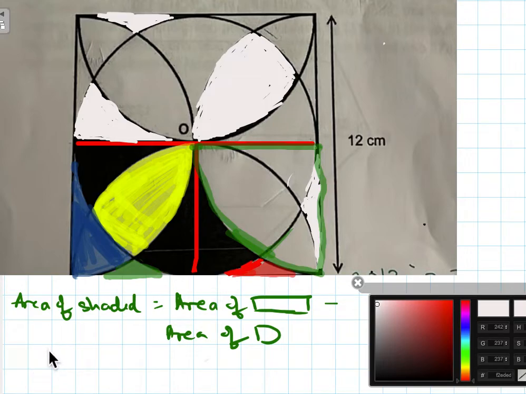Or alternatively, area of rectangle, this is 12, so okay, never mind. So I have 12 times 6, in brackets, minus away 1/4 of the whole circle, so it's like pi r squared.